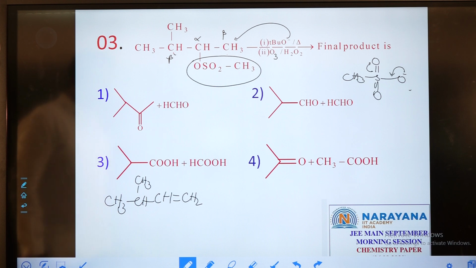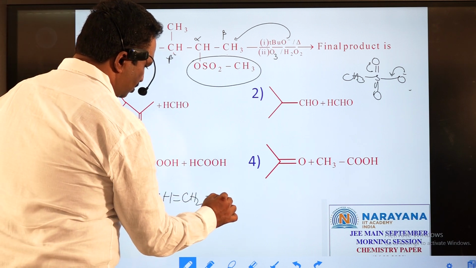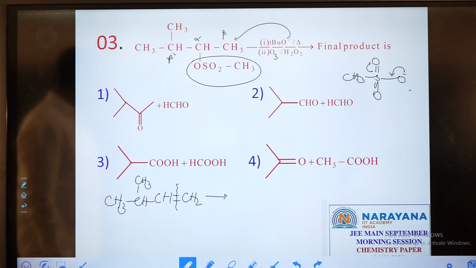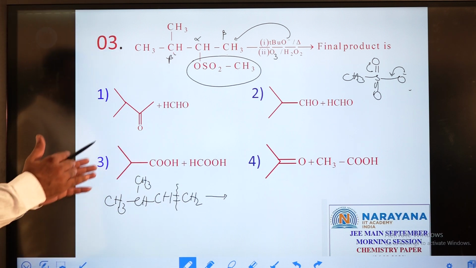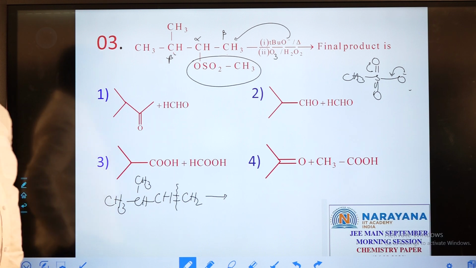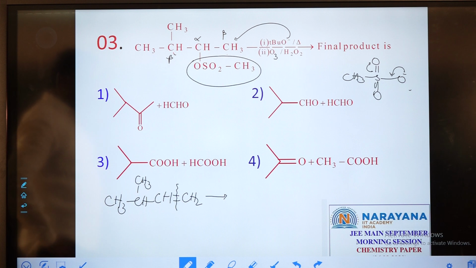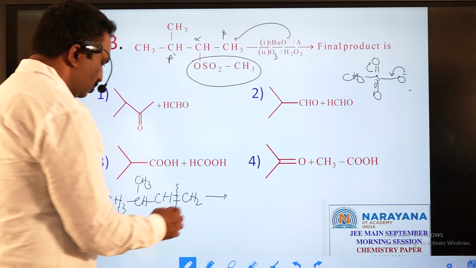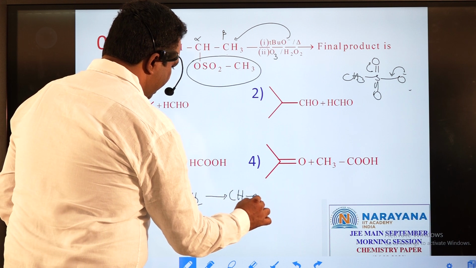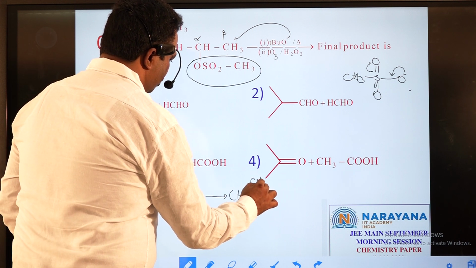Ozonolysis, O3, H2O2. So we know ozonolysis breaks the bond here, because an ozonide is formed as an intermediate, which is further hydrolyzed in the presence of H2O or H2O2. So here H2O2 is given. H2O2 is a very convenient reagent to avoid confusion.